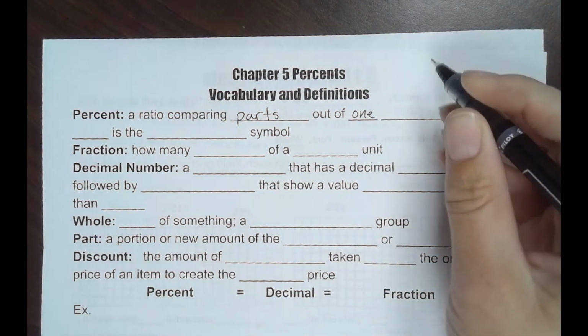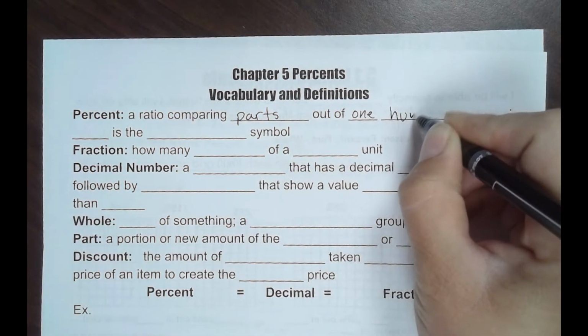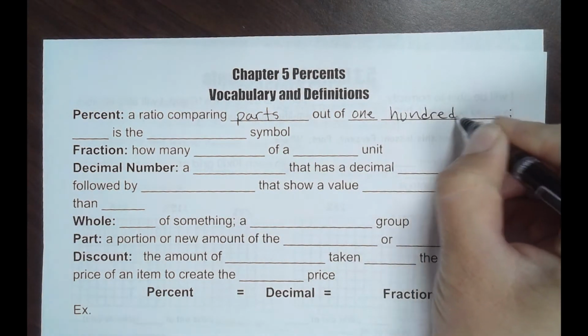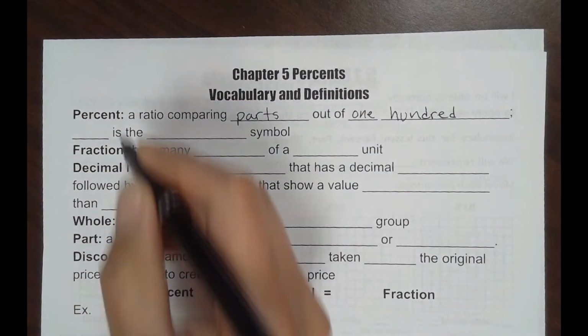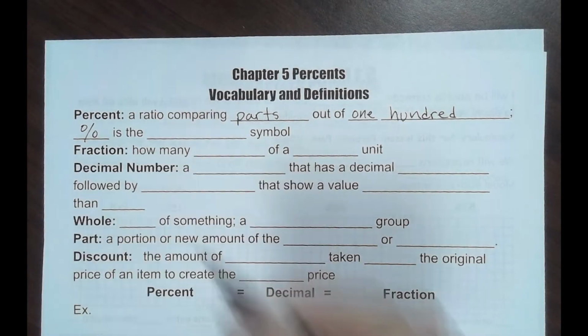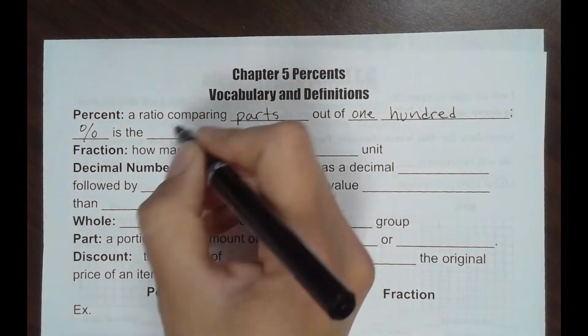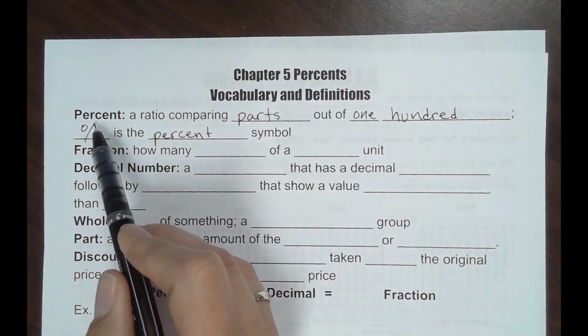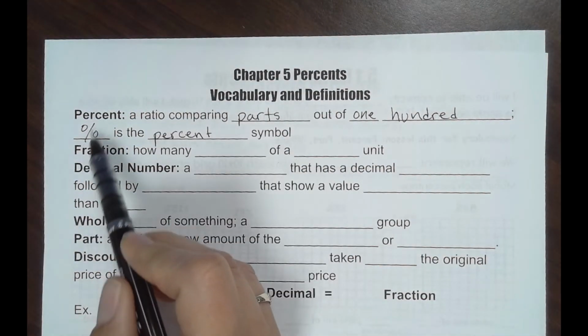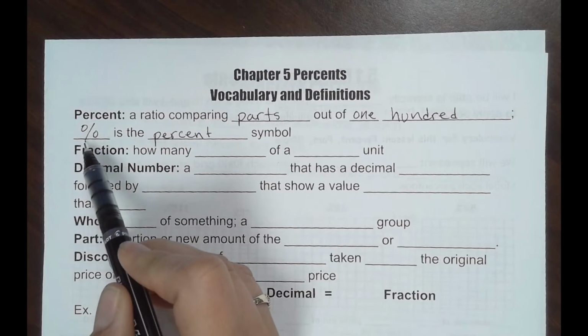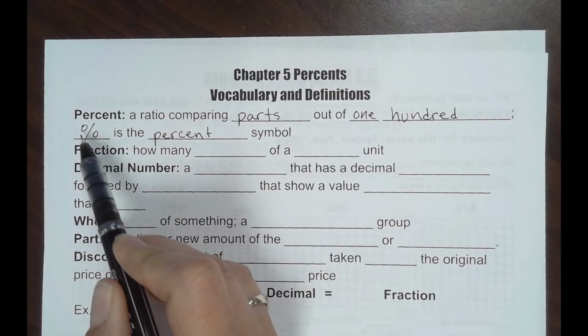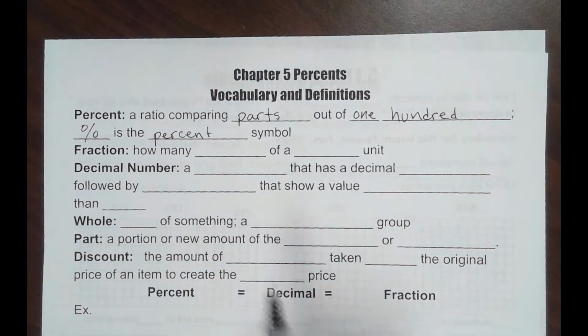Let's say parts out of 100. Okay, this is the percent symbol. Out of, you see the division, and then 0, 0, that comes from 100, so you can remember 1, 0, 0. That's what I was told of where it came from, but that's the percent symbol.